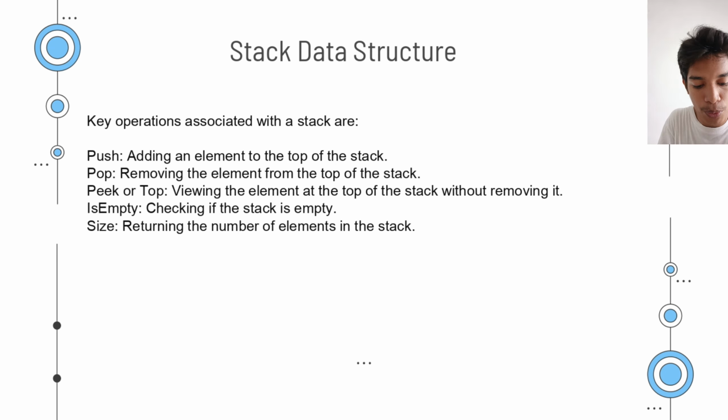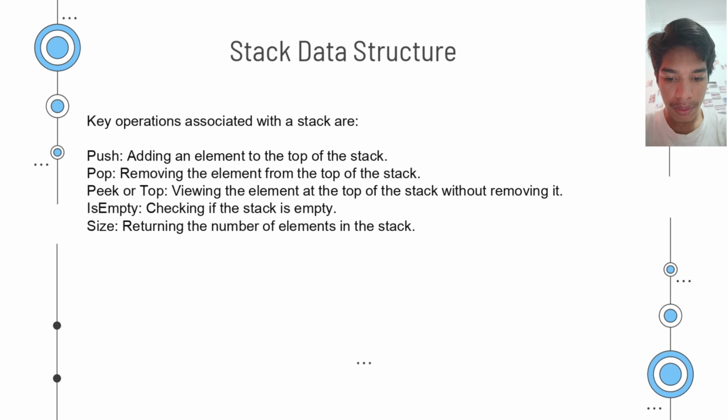So we're gonna move to the operations. As you see, the key operations associated with the stack are push, pop, peek, is empty, and size. Push is adding an element to the top of the stack. Pop is removing the element from the top of the stack. Peek is viewing the element at the top of the stack without removing it.